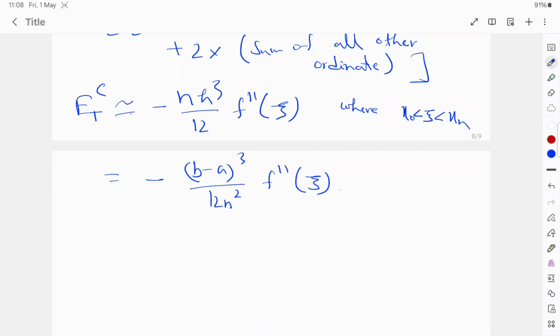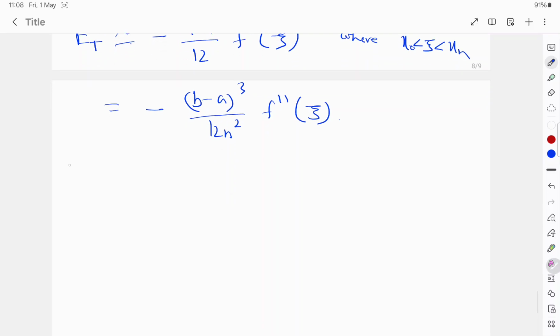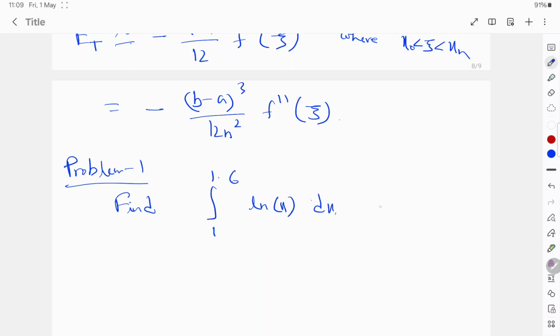Let me consider one problem. Suppose the problem: find the integral from 1 to 1.6 of ln x using the trapezoidal rule.